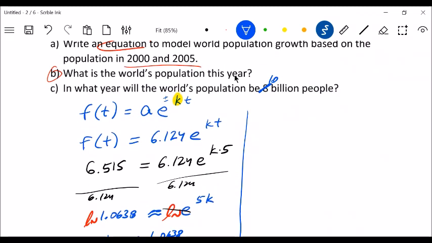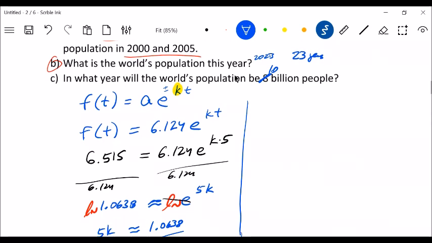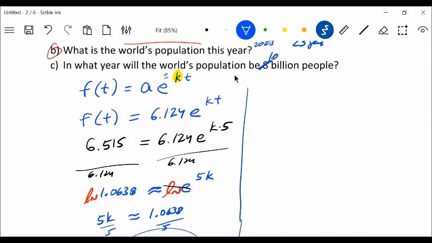What is the population this year? Okay, so let's do 2023. That means from 0 to the 23, that means it's 23 years. And so we'll use that in the formula here.